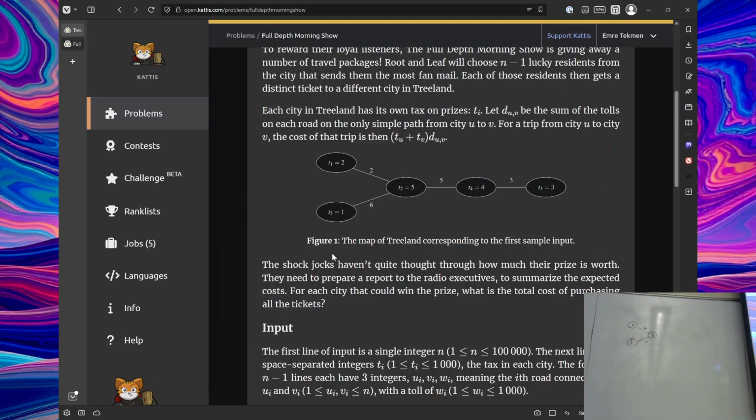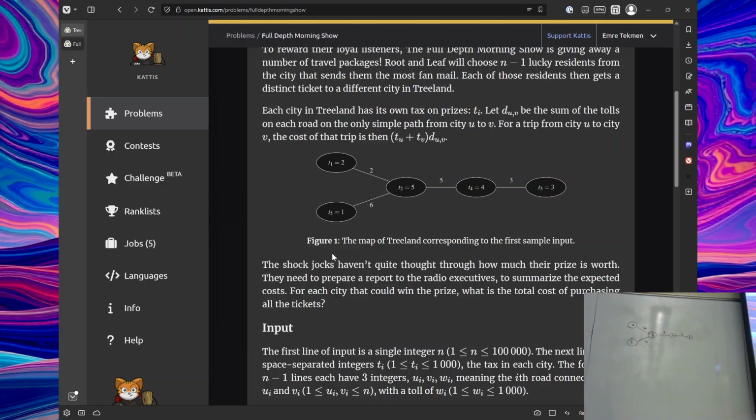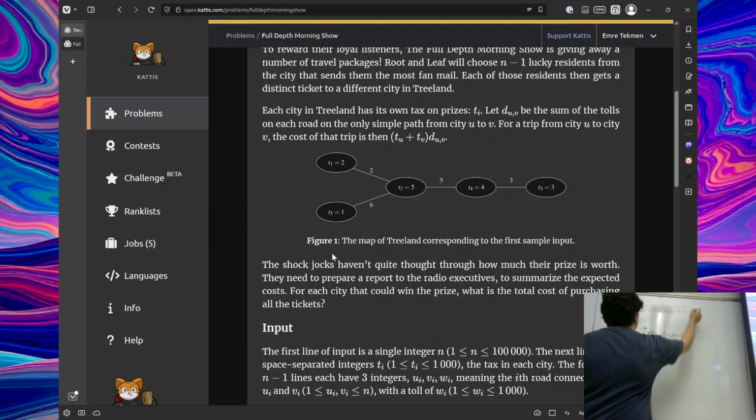And then 5 connects to 4. 3 connects to... okay. My graph drawings are poor, but you get the idea. So if this is my u, this is my v, then d from u to v is 2 plus 5 plus 3, 10, right?